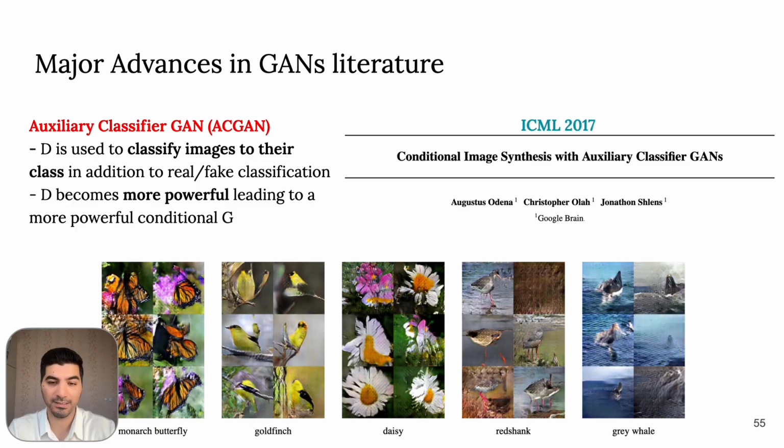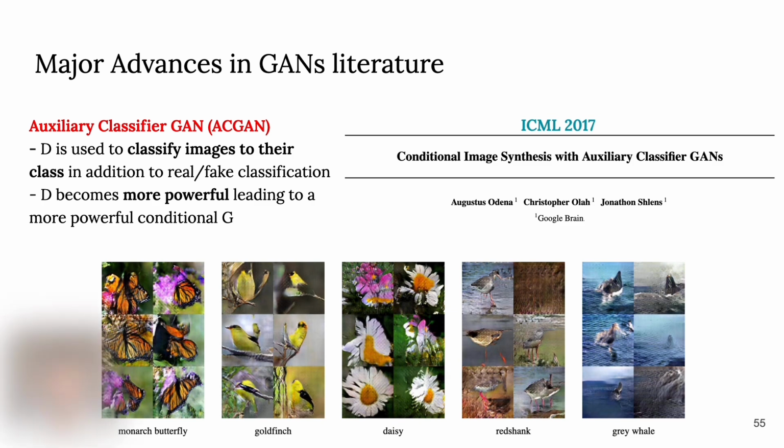And because of that, D becomes more powerful. And this leads to training a more powerful conditional generator. As you can see, compared to CGAN, ACGAN is more powerful. CGAN was just able to generate images from MNIST dataset, which is simpler dataset compared to ImageNet used here.